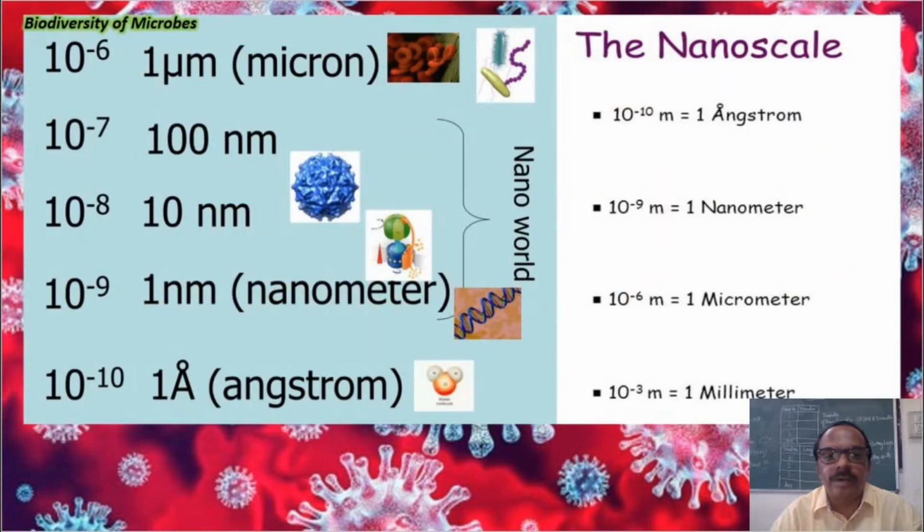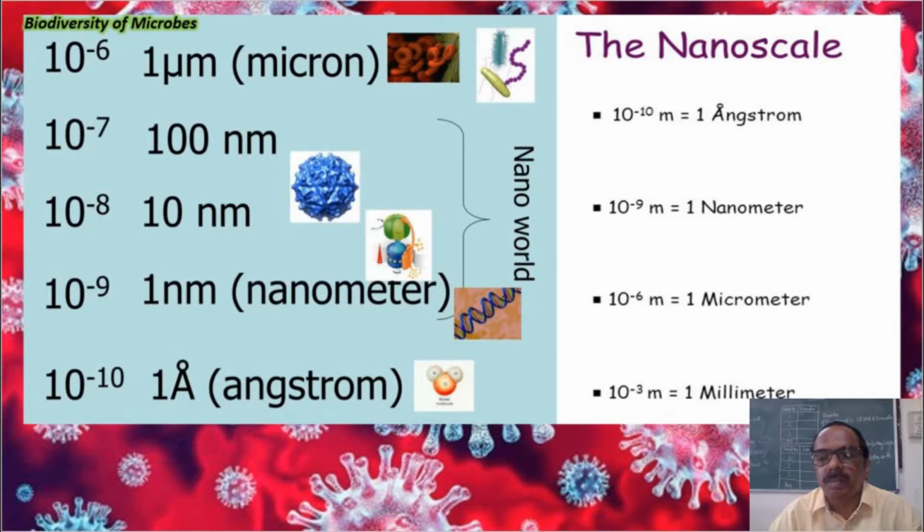These are the different units of measurement. A millimeter is 10 raised to minus 3 meter. A micron or a micrometer is 10 raised to minus 6 meter. A nanometer is 10 raised to minus 9 meter. 10 raised to minus 10 meter is an angstrom.